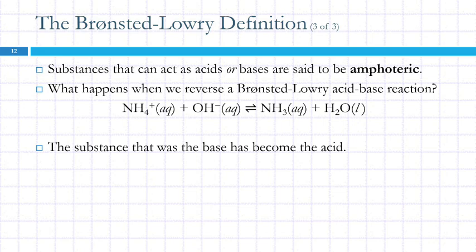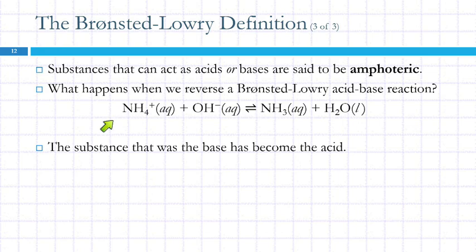So an amphoteric substance can be an acid and it can be a base. Can it be both at the same time? No. Can an amphibian live both at the same time in the water and on the land? No, it's either on the land or in the water, right? It can go back and forth. You can have one foot in and one foot out, I suppose. Yeah, I don't know where my brain gets these things.